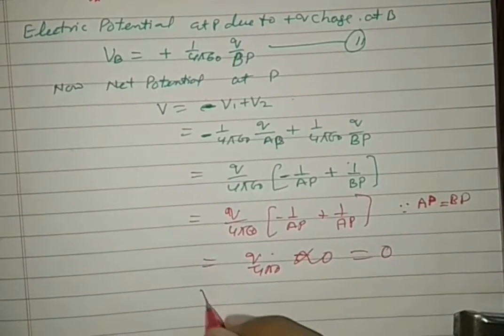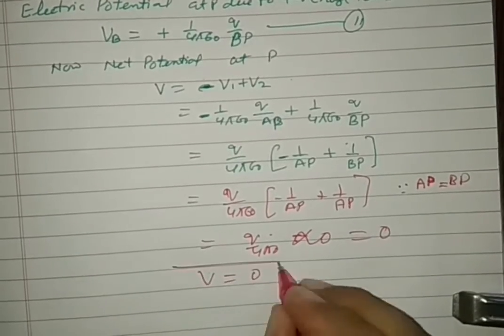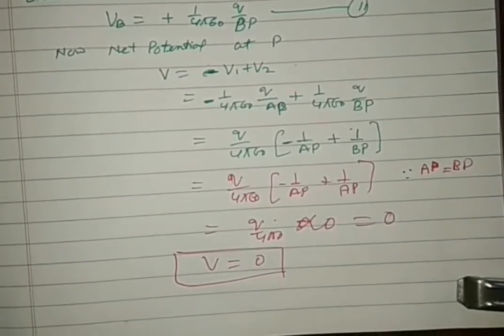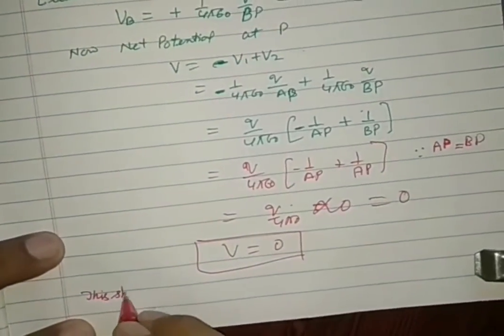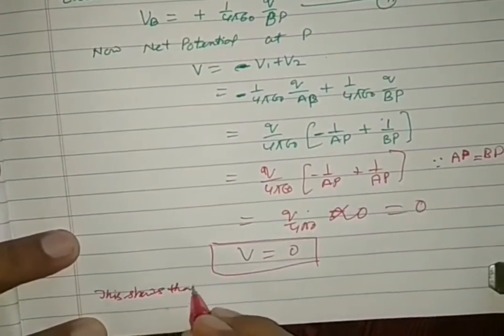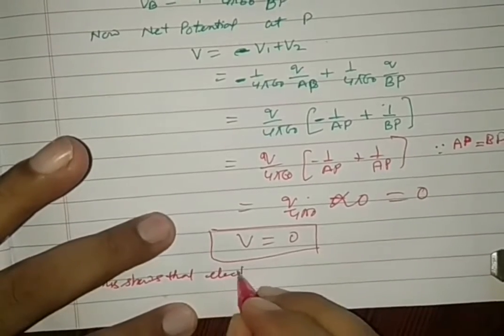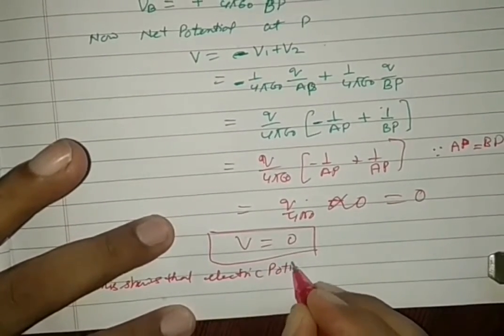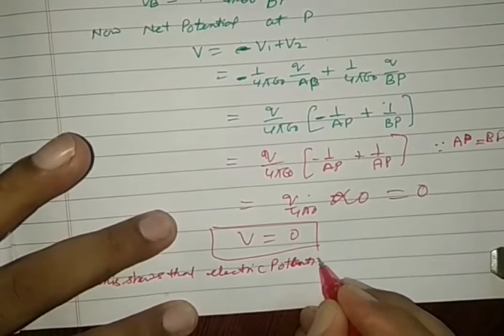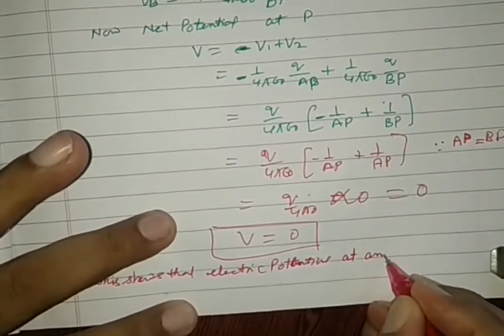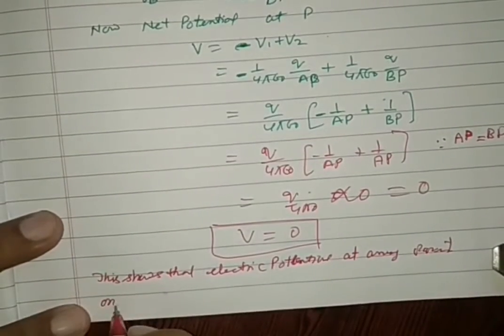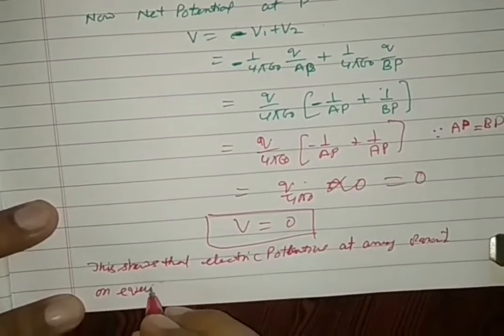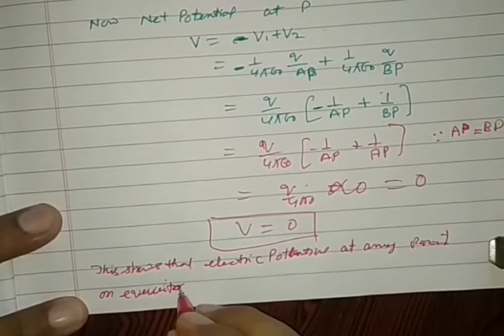So the potential at any point on the equatorial line is 0. We can write, this shows that the electric potential at any point on the equatorial line is 0.